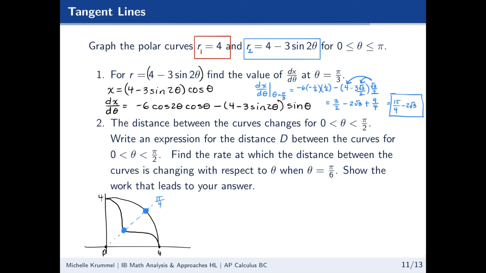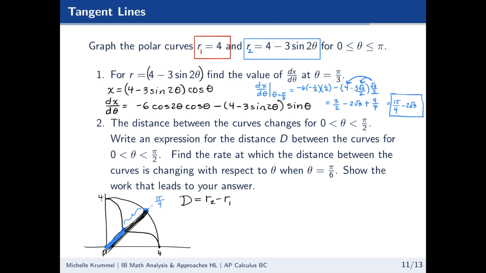The distance between the two curves would just be the distance between those 2 points. So it's going to be the r value for the outermost curve, the r1, minus the r value here for this inner curve, and that's the r2. So the distance between the points is just the r2 minus the r1.